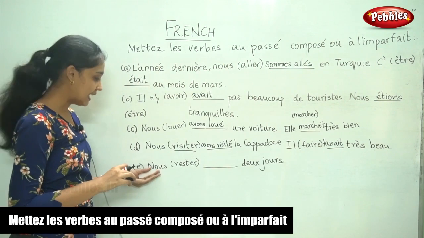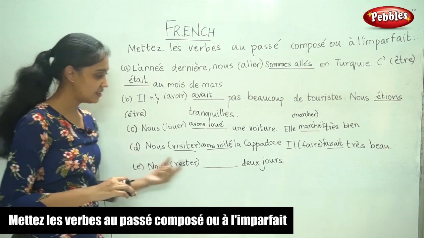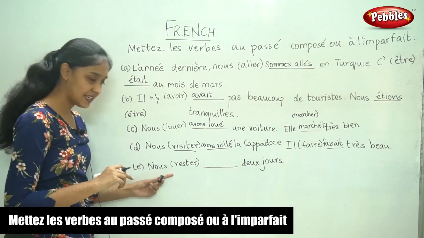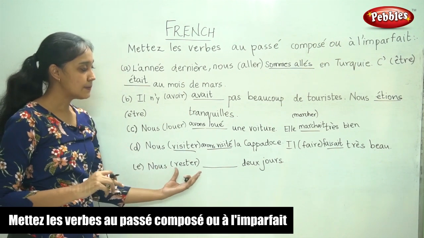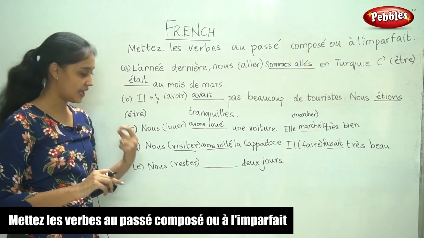And finally the last sentence, nous, the verb is rester, 2 jours. So now again rester is an action. So we have to write it in passé composé. Now the verb rester takes être.